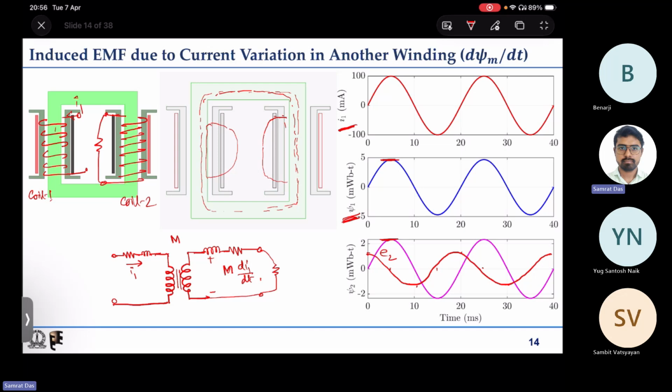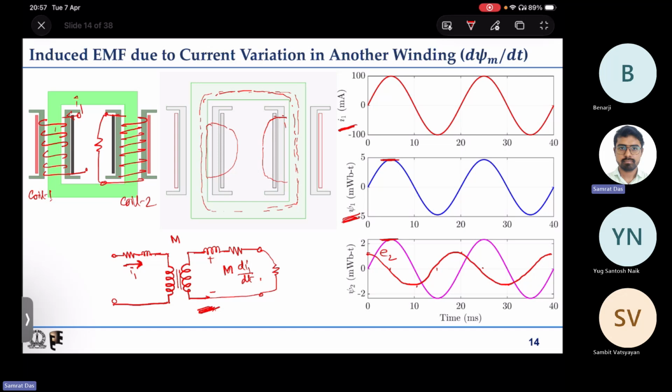So this becomes the electrical equivalent circuit of this coil, where we are discussing the induced EMF due to current variation in another winding. So this is coil 2, and some induced EMF is there because of current variation of a magnetically coupled first coil.